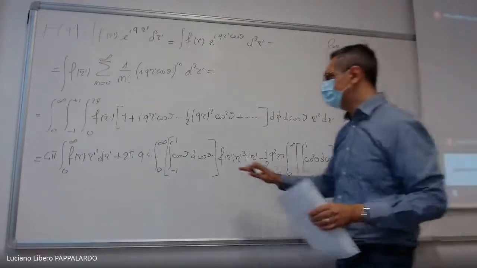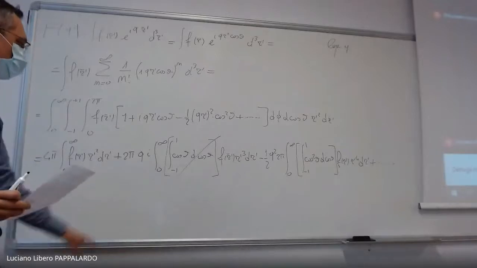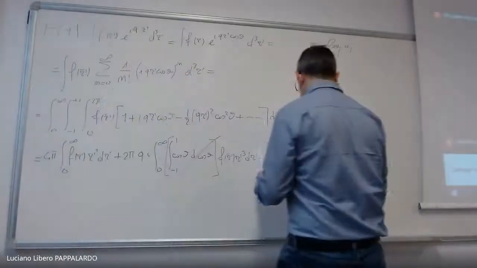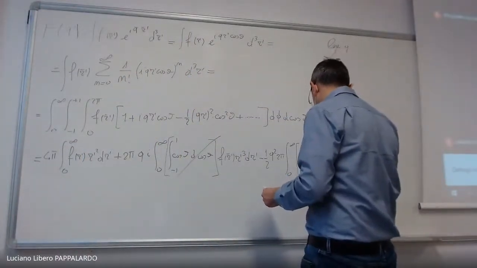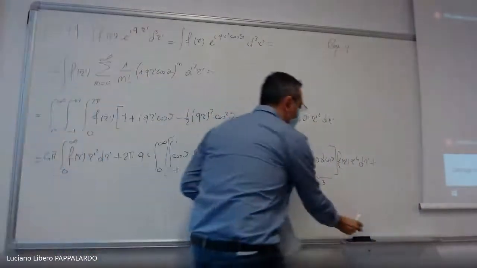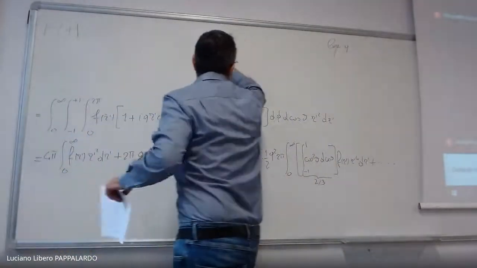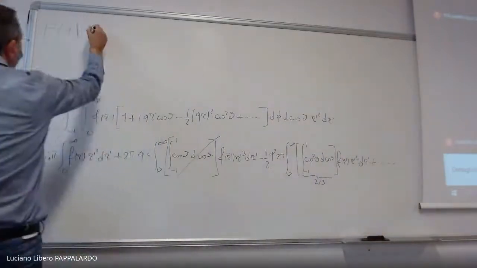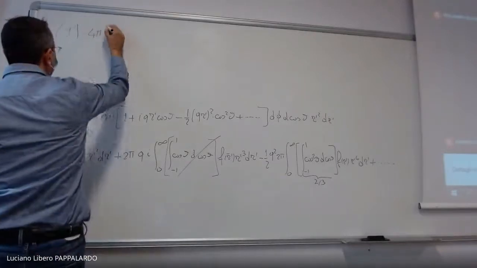Now, this integral is trivially 0. So the first order term disappears. Okay? This integral, you can check yourself easily, is just 2/3. So we can now simplify our equation. The first term is the same.